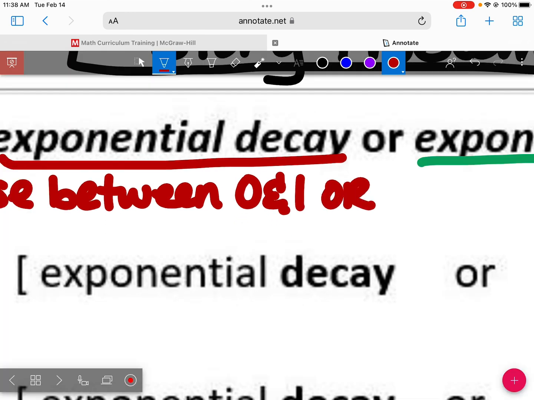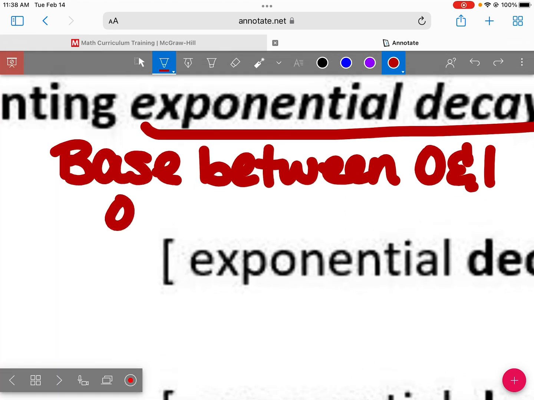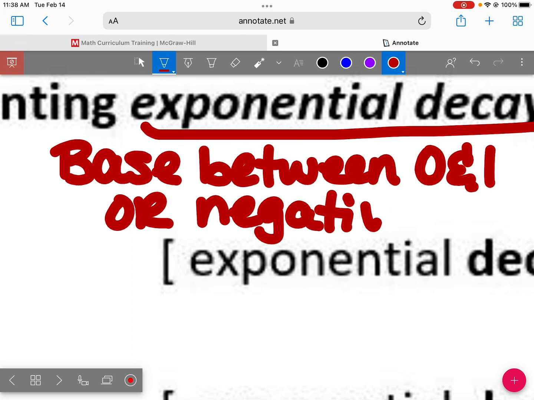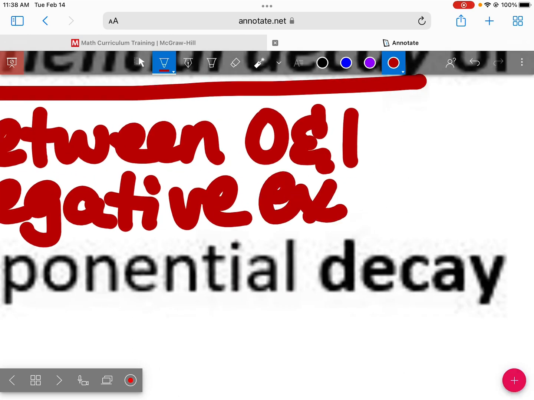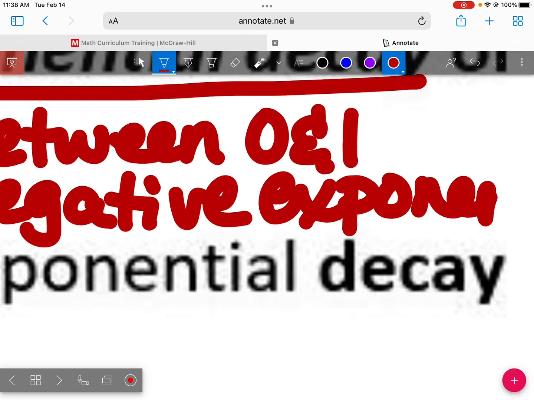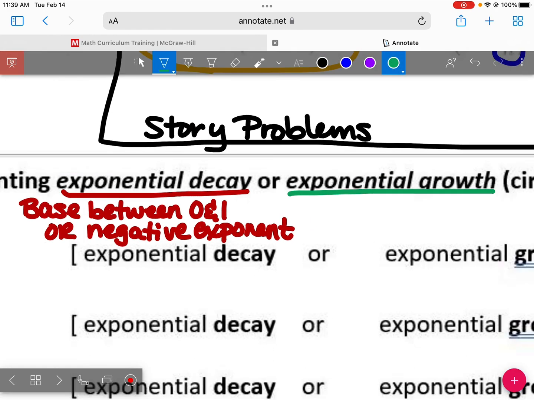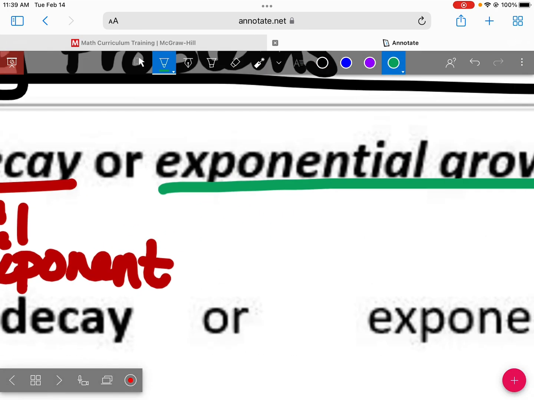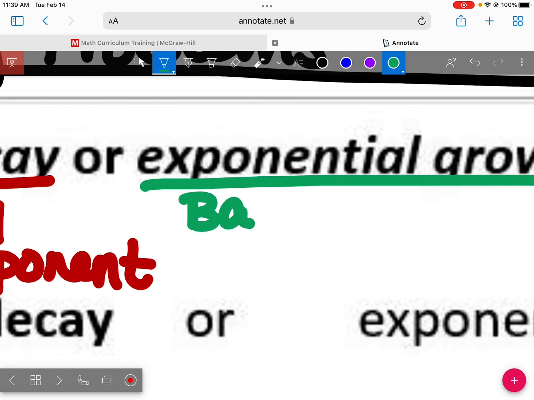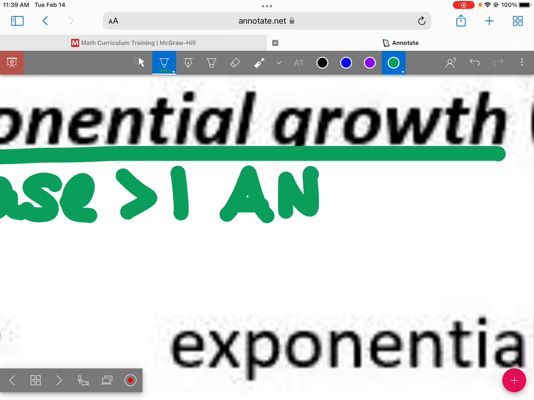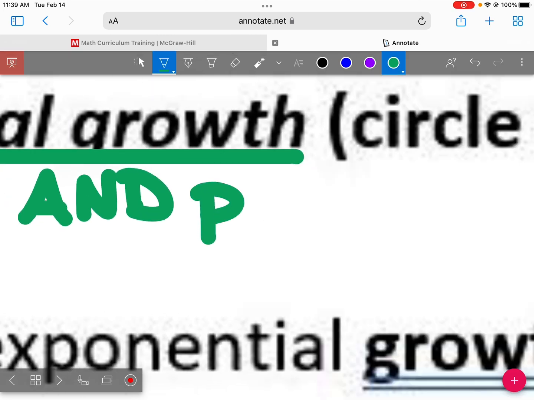Or negative exponent. When would we know it's showing us growth? Yes, when your base is bigger than 1 and it has a positive exponent.